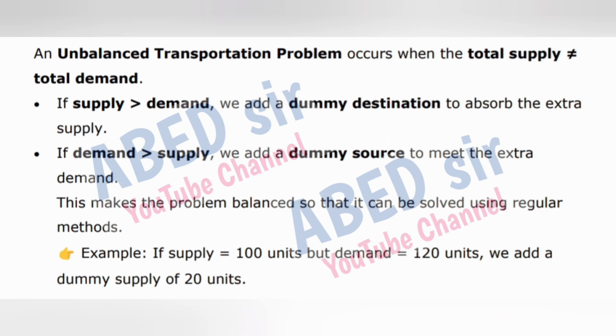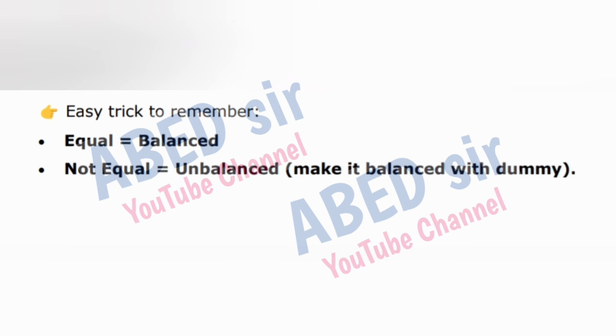Example, if supply is equal to 100 units but demand is equal to 120 units, we add a dummy supply of 20 units. Easy trick to remember. Equal is balanced. Not equal is unbalanced, make it balanced with dummy.